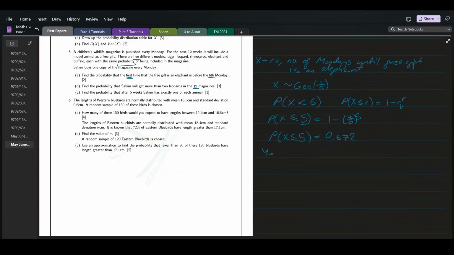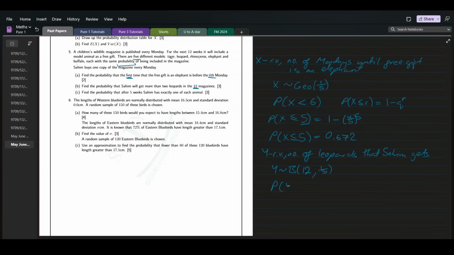So we're saying Y is the RV, number of leopards that Sahim gets. And we know that Y follows a binomial distribution. Our number of trials is 12, and the probability of getting a leopard again is 1 in 5.